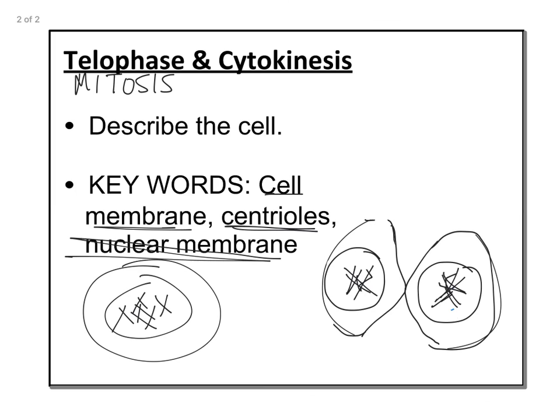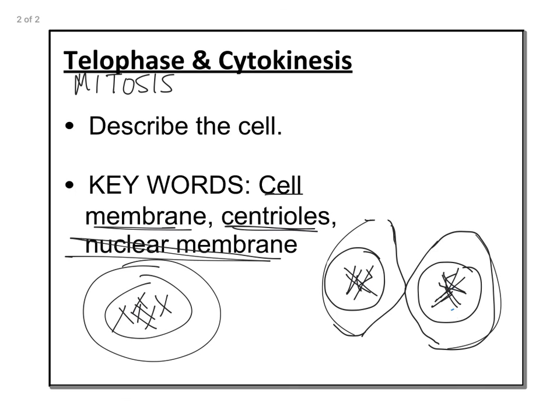So completely pinches apart. So now you have two new cells. Each one looks like the original cell with the same number of chromosomes in it, but just a little bit smaller. But remember, the next step of the cell cycle is actually to grow the cell bigger again so it can do mitosis all over and over.